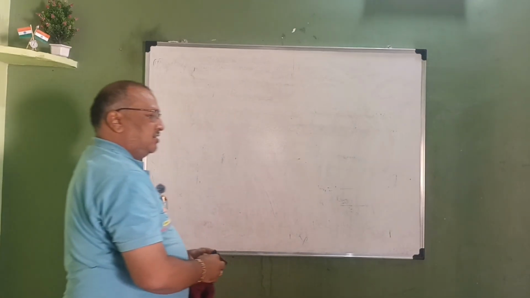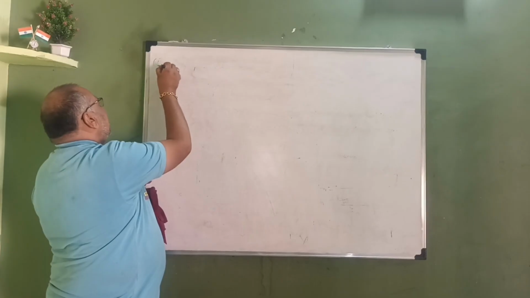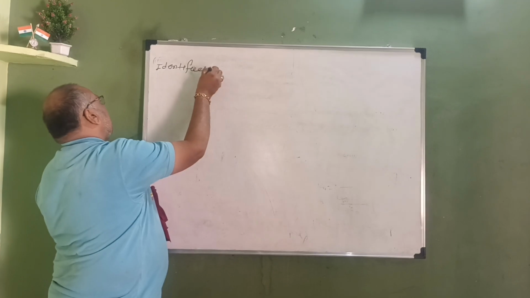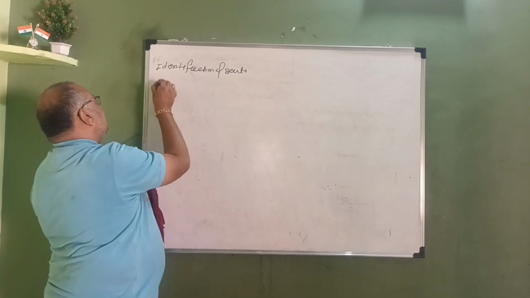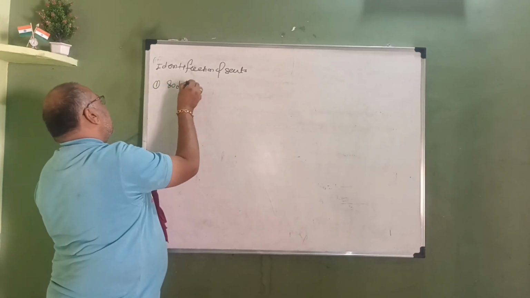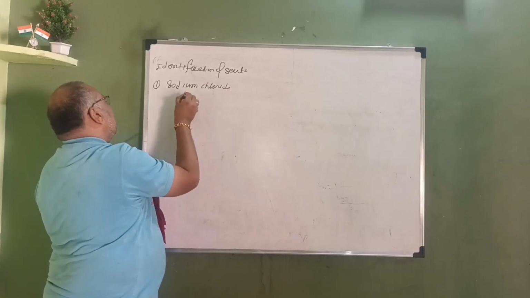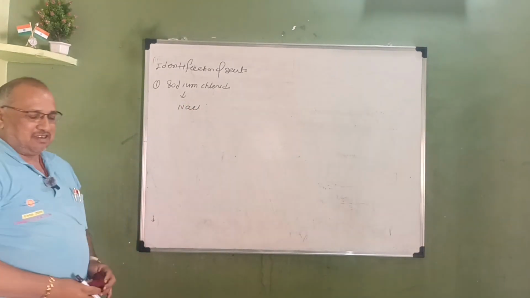Here write down identification of salt. First let us consider sodium chloride. Here write down formula of sodium chloride, that is NaCl.